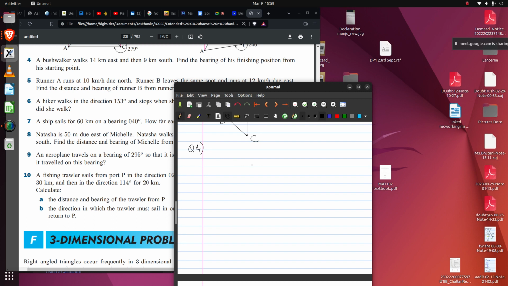Find the bearing of his finishing position from his starting point. So then we have to draw the bearings. So first, you have to locate the initial and the final point. What are those?